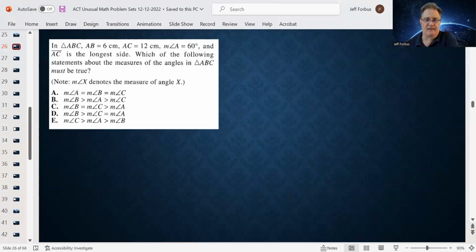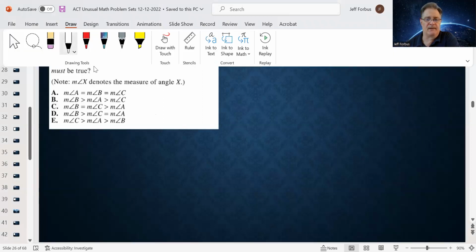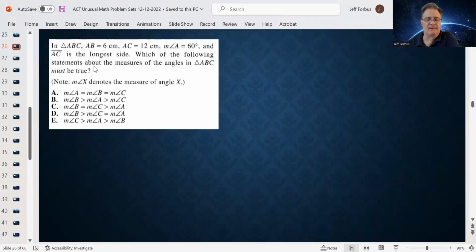Let's say A is right here. We know AB is 6, so I'm going to put B here. So I'm putting A up here, B over here, and from here to here we know is 6 centimeters.